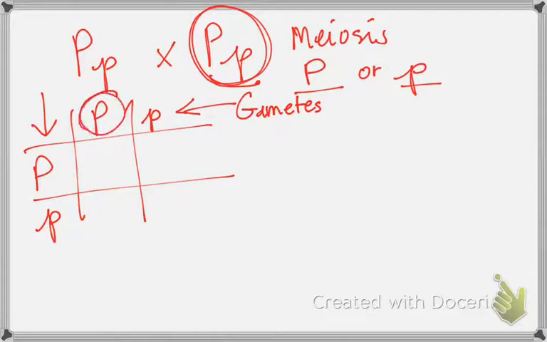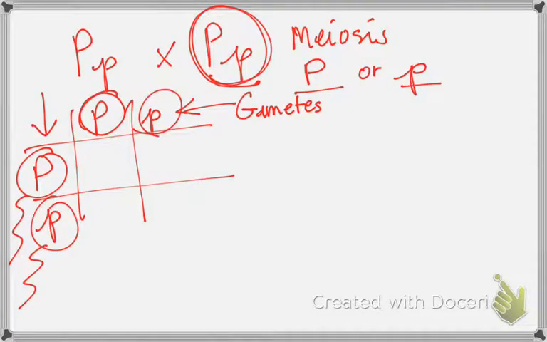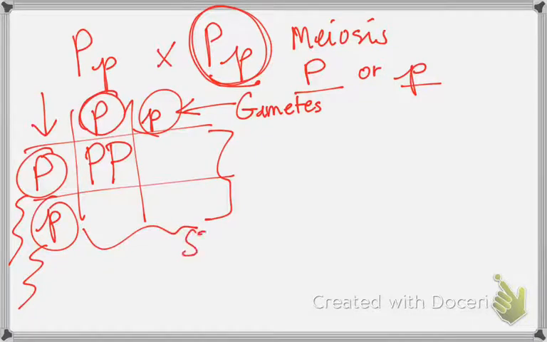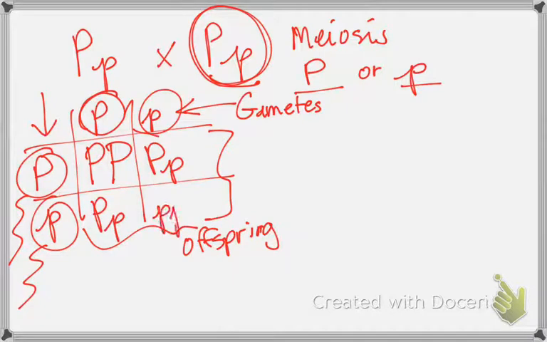So if this is the egg from mom, and that's the sperm from dad, see? If this egg is fertilized by this sperm, then these squares down here represent your offspring. And that's how we fill in the boxes. Big P, big P, big P, little p, big P, little p, little p, little p.